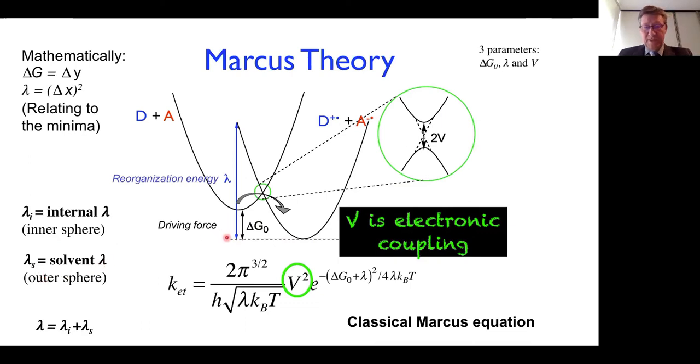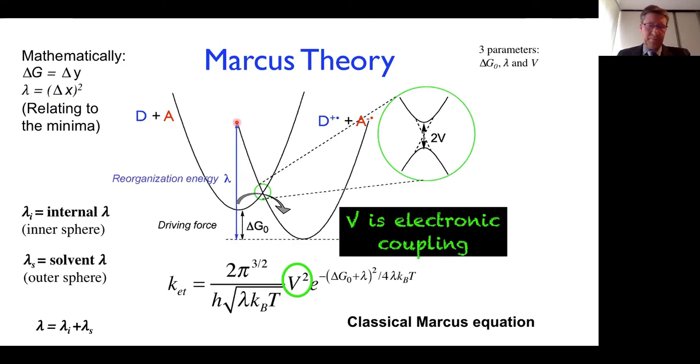Basically, the difference in nuclear coordinates, so the delta X of the two minima, if we square this delta X, then we get the reorganization energy. It is the energy that is associated to converting one state into the nuclear coordinates of the other. So if we go from here all the way up, this energy that is related to the change in nuclear coordinates is the reorganization energy.